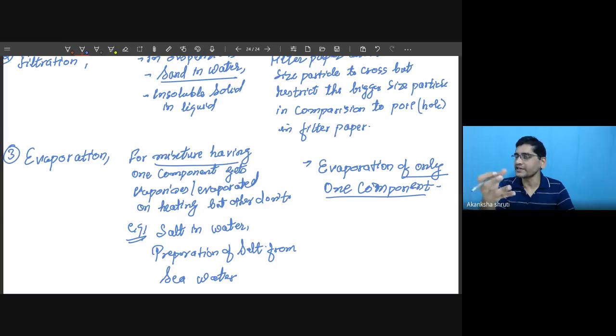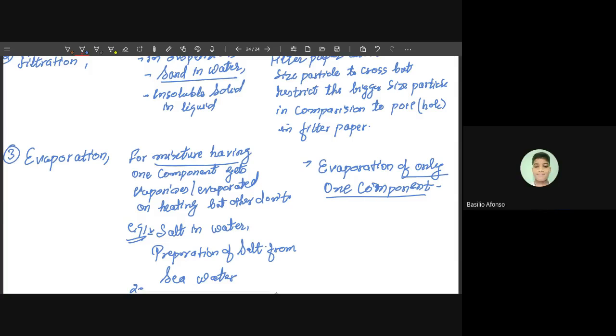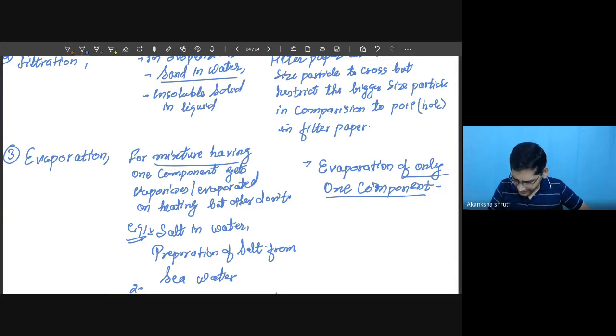The water present in that ink will vaporize, but the dye or the colored component, blue color or black color, will remain collected in the china dish. Write down the second example also. Example 2 is separating your ink, blue and black ink.